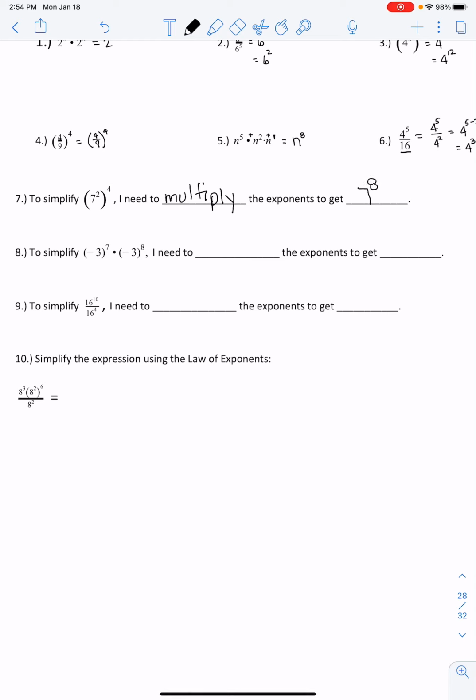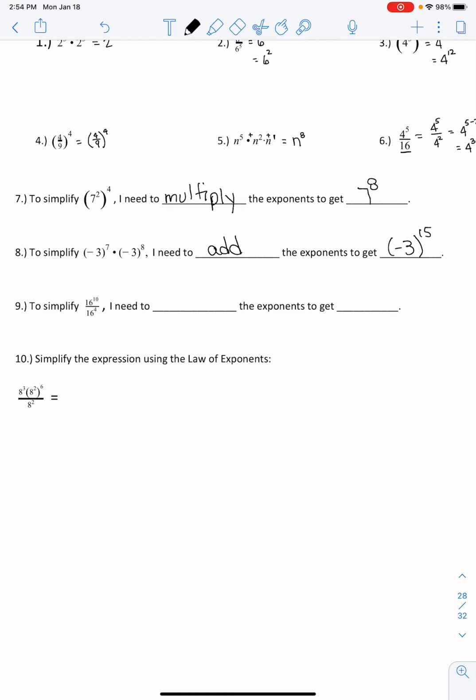Number 8, to simplify negative 3 to the 7th times negative 3 to the 8th power, I need to add the exponents. And remember that negative 3 is in parentheses, so it has to stay there. And then 7 plus 8 is 15. So my power is to the 15th power.